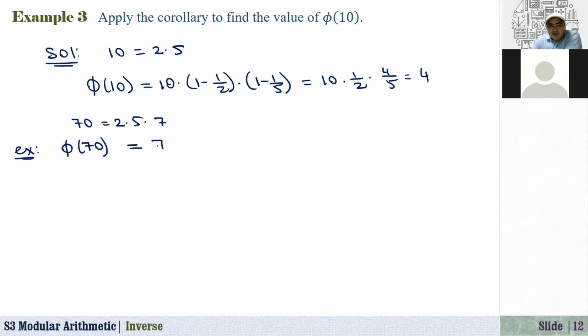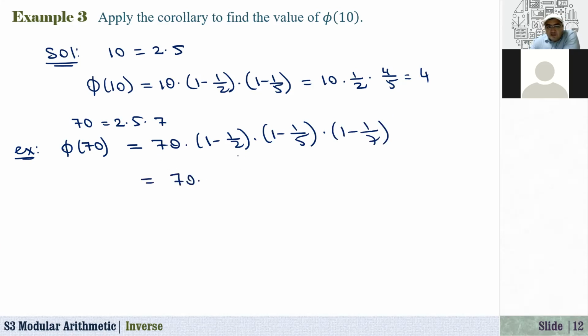So that's equal to 70 times 1 minus 1 over 2, times 1 minus 1 over 5, times 1 minus 1 over 7, which is equal to 70 times 1 over 2, times 4 over 5, times 6 over 7. So the 70 over 2 times 5 times 7 is equal to 1, and that's equal to 24. So that means that we have 24 numbers between 1 and 70 which are co-prime with 70.